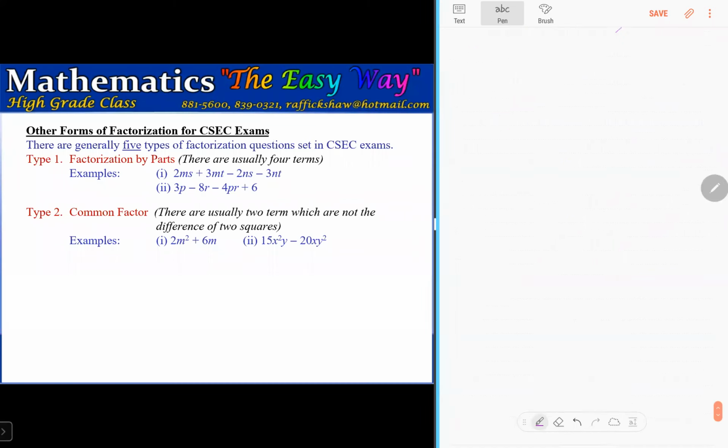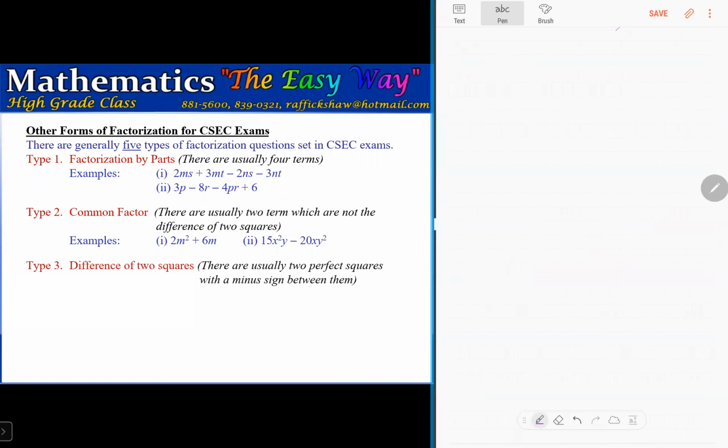The next one that I like to set now is the difference of two squares. And there's a rule for the difference of two squares. The rule is that, for example, a squared minus b squared is equal to a minus b times a plus b.